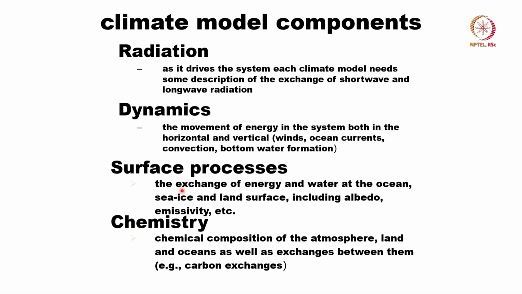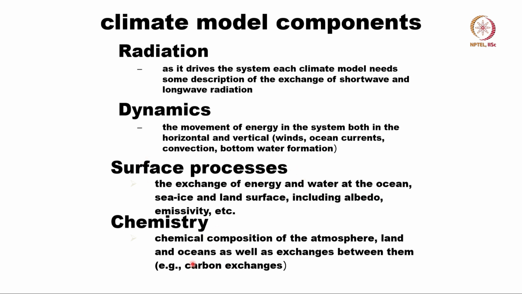Okay? Then we also have to understand how energy is exchanged between the surface of the earth, land as well as ocean, with the atmosphere. How ice on land or ocean changes the albedo. So these are called surface processes.